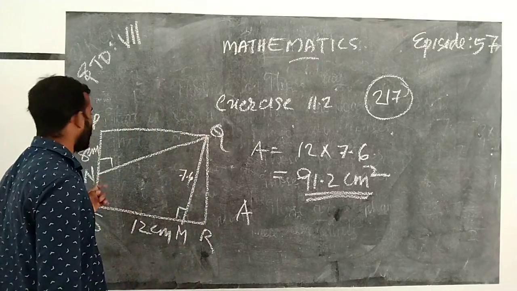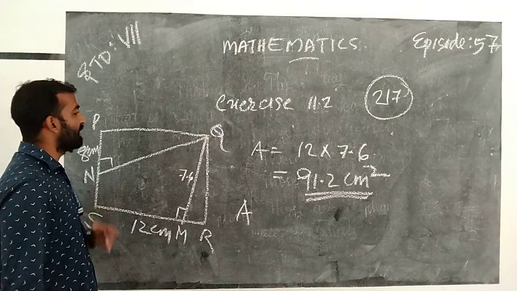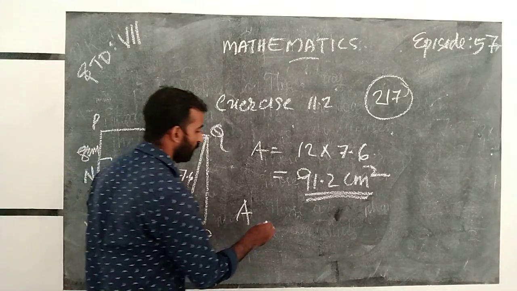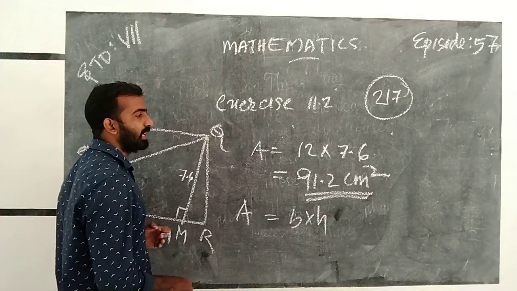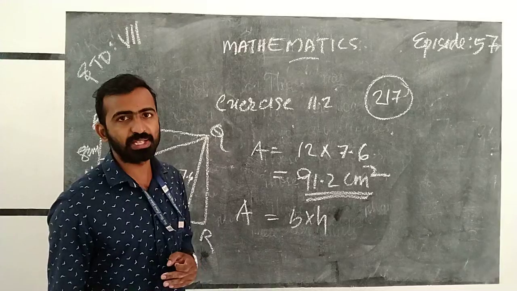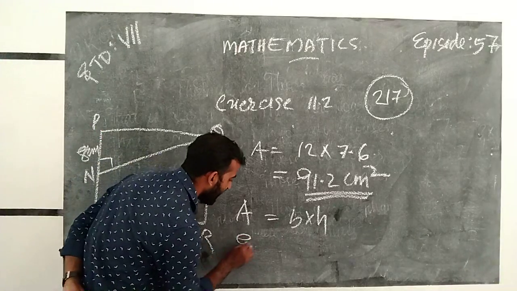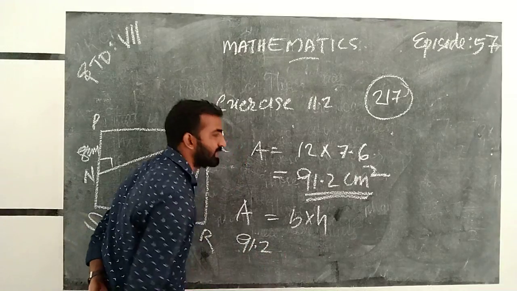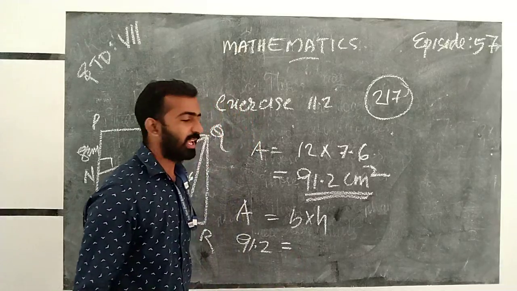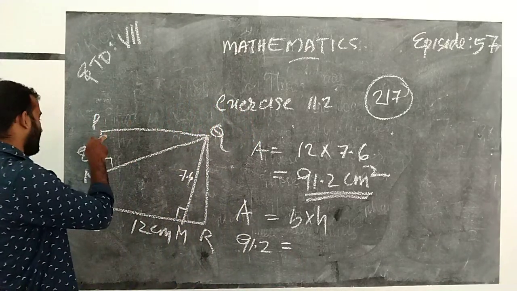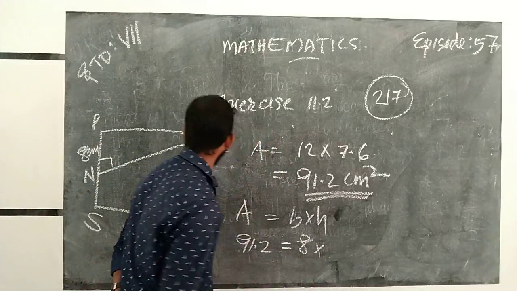So the area of the parallelogram equals base into height. According to the first part's answer, 91.2 equals the base PS, which is 8, times the height QN.